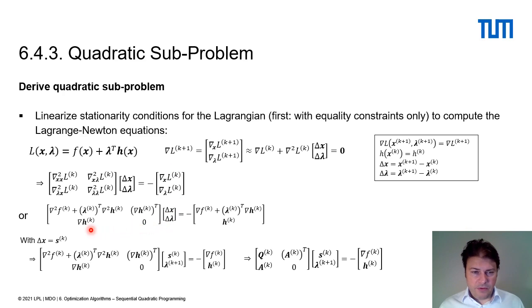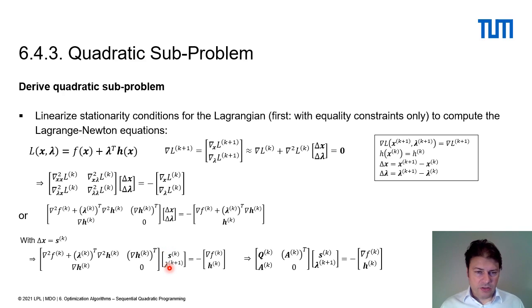So there are two more things to do to come up with the final version. One of them is that we replace the increment by the search direction. That's just renaming, but that's meant to remind us that we will not go to the next candidate design in one step, but we at first only specify a direction, and then we will conduct the line search.